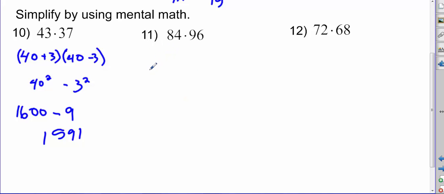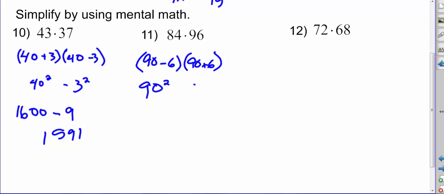Okay, number 11 is 84 times 96. That's the same as saying 90 minus 6 and 90 plus 6. So when we do that, we're going to end up with the difference of squares.